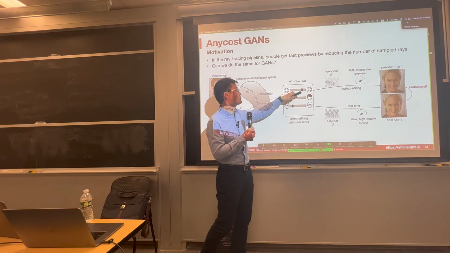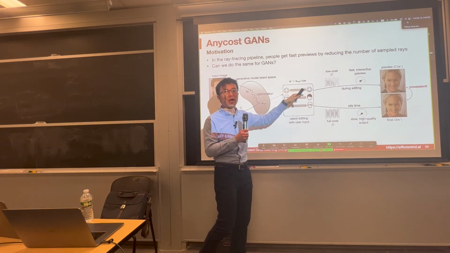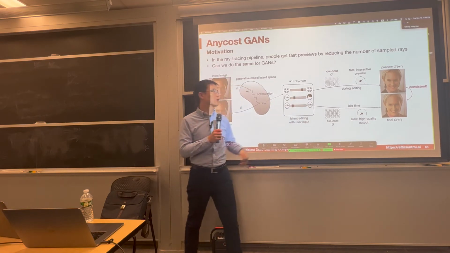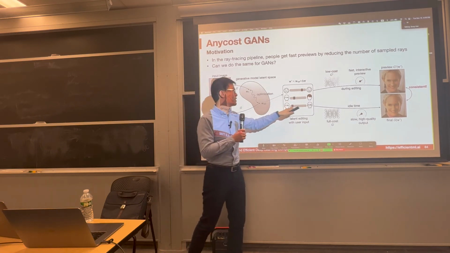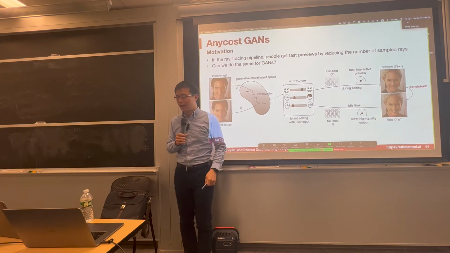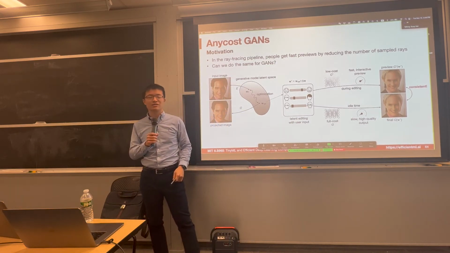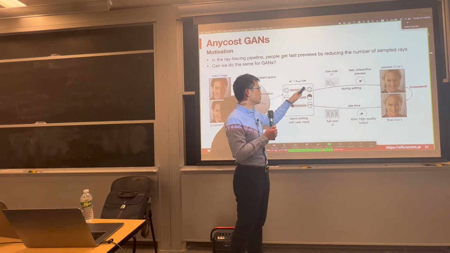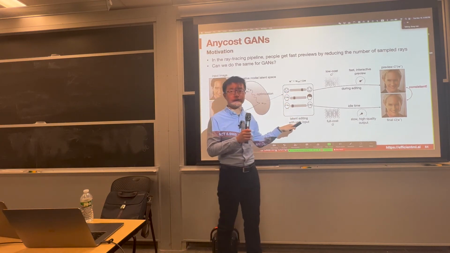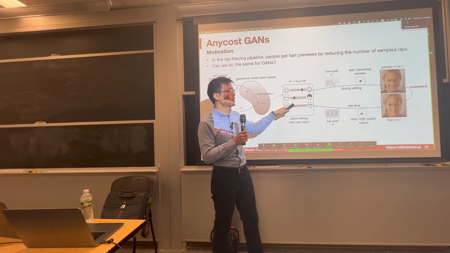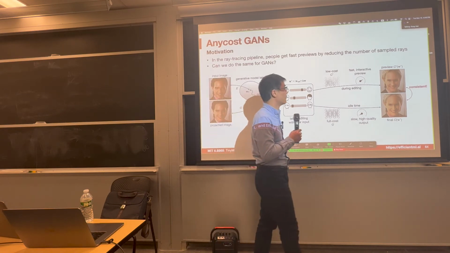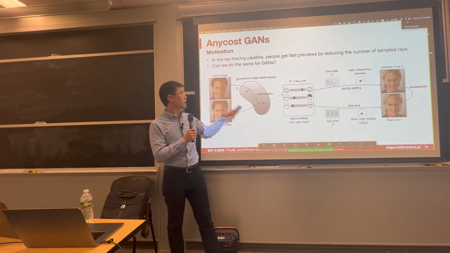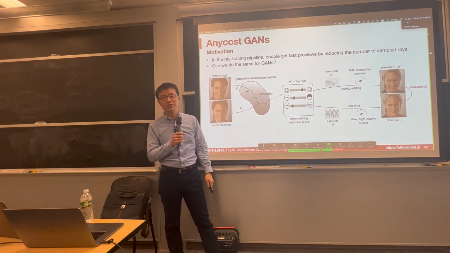Some dimensions might control smile versus non-smile, some might control the hair color, and some might control whether he or she is wearing glasses or not. Then we can perturb the latent space so that we can change different features, like changing the hair color and changing the age, etc.